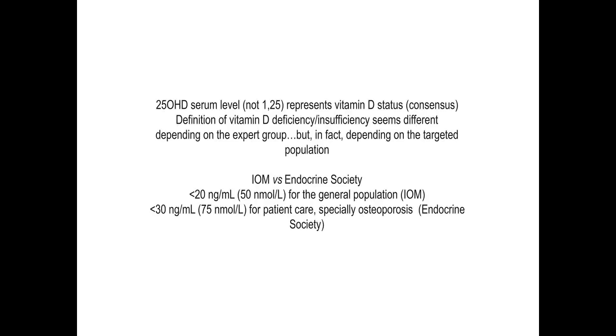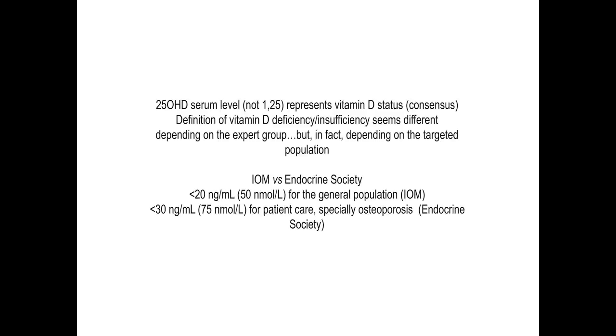So we know that 25-hydroxy-D is the metabolite that measures the vitamin D status, although there are slight differences in the definition of vitamin D deficiency and insufficiency depending on the group. For example, the Institute of Medicine suggests a range of normal of above 20 nanograms per ml on the one hand, while the Endocrine Society would say that has to be somewhat higher than that, and would take the lower limit of normal as 30.